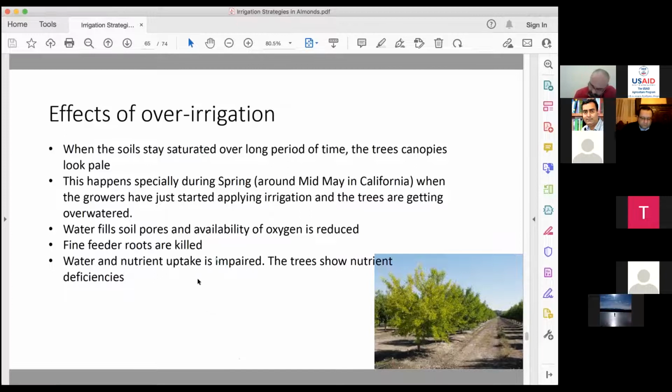So the trees start showing nutrient deficiencies. So we have a lot of trees show yellowing typically in spring. And that is something that we always talk to growers about in mid-spring.